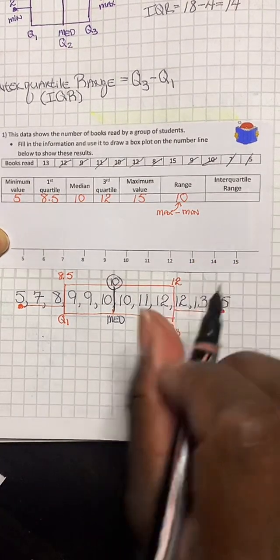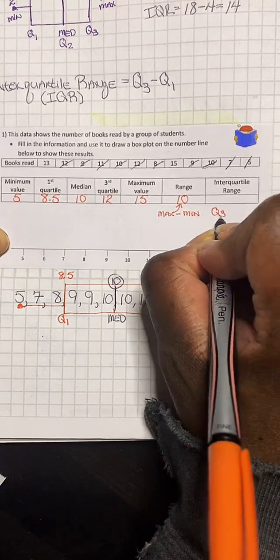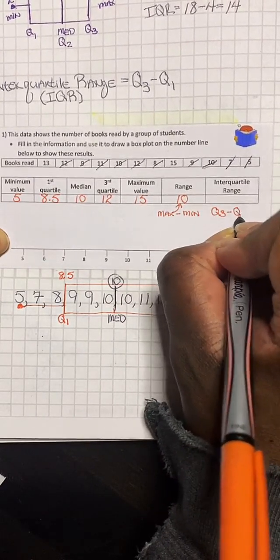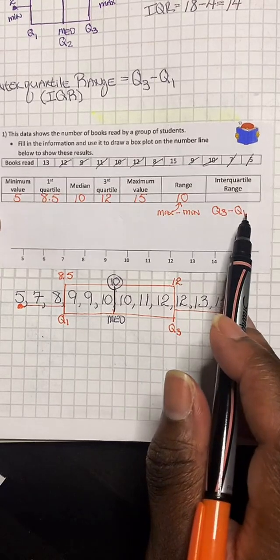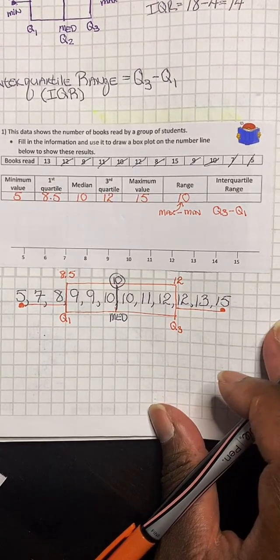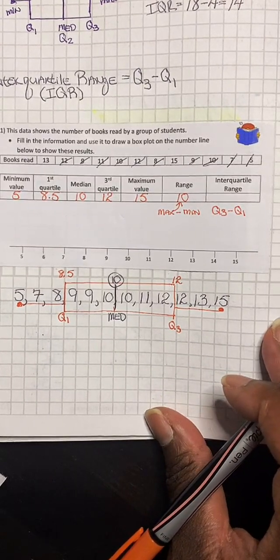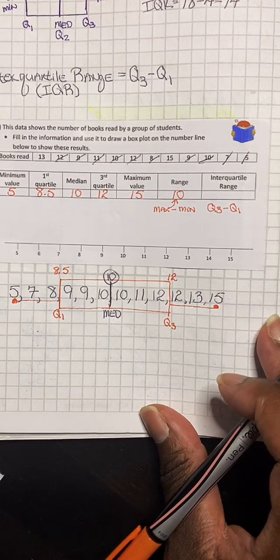Now the interquartile range, remember that's your Q3 minus your Q1. So your third quartile minus your first quartile. What would I get for the interquartile range?